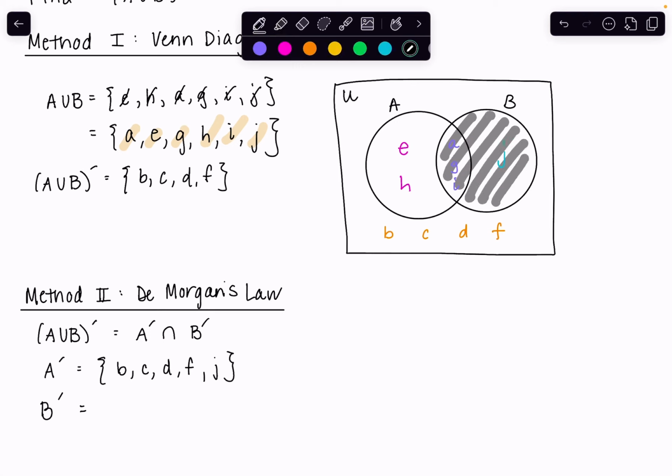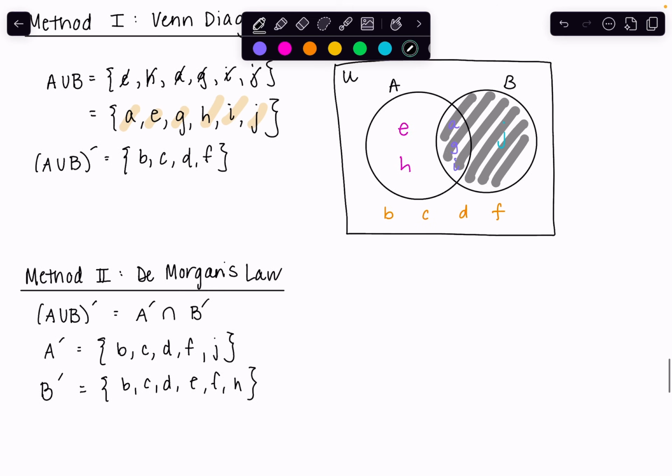And that leaves me with E, H, B, C, D, and F. So this one's not too bad alphabetically. B, C, D, E, F, H. Now I'm looking for the intersection of these two. So the things that are in common are B, C, D, and F.